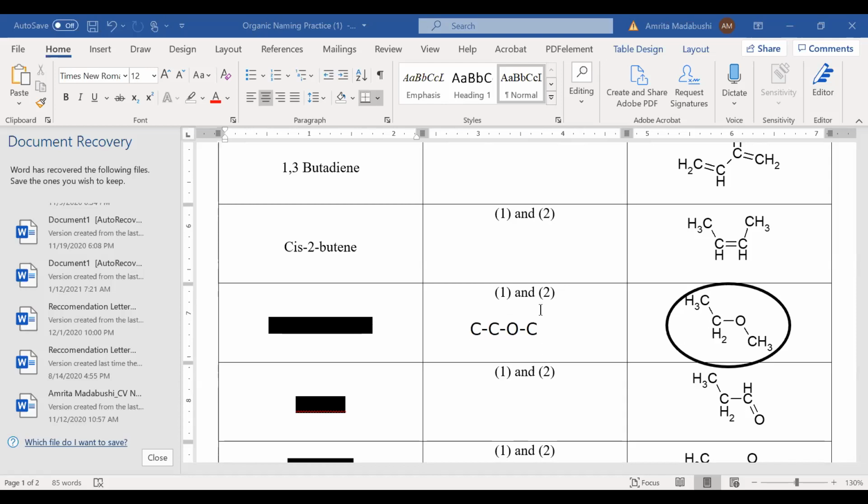What would you call this? First of all, pick the smaller one. When it is not used as a name, what is the methane group called? You remember? Methyl.